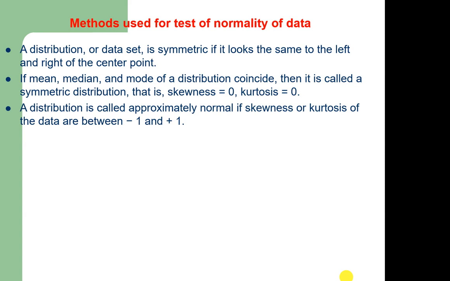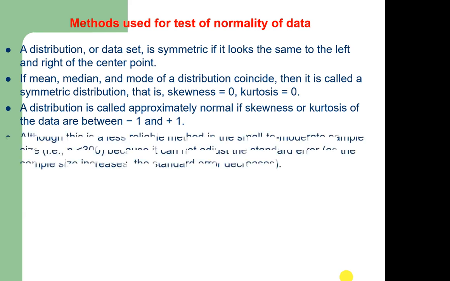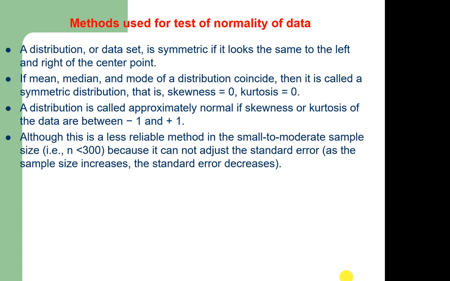That is, if the values of skewness and kurtosis are somewhere between -1 and +1, then the data set is approximately normally distributed. Although this is a less reliable method in small to moderate sample sizes because it cannot adjust the standard error.